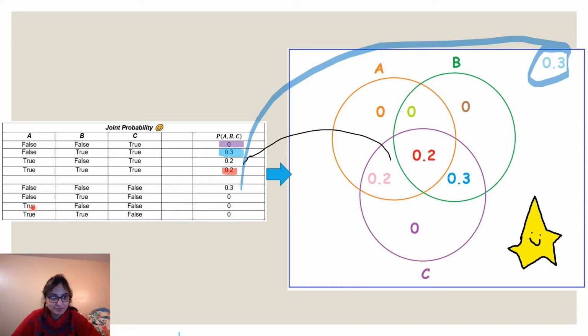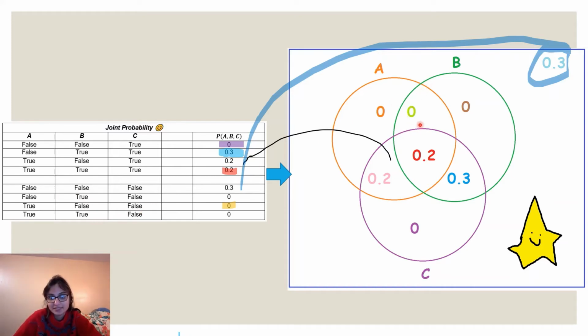So if A is true and B is false and C is false, that is just A being the only one true, which is what this orange thing is showing. This orange thing is only A. And lastly, this is A and B being true but C being false.